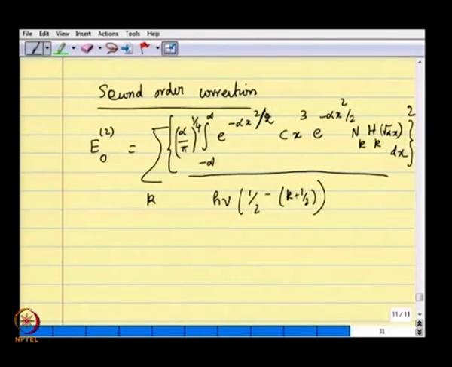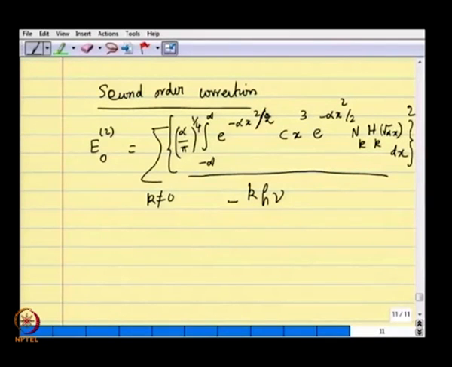So we can rewrite this as minus k h nu. Okay.